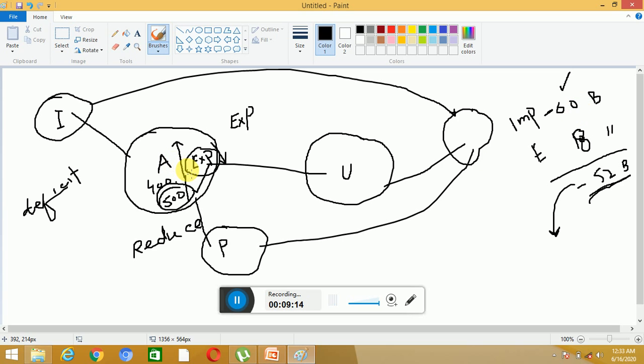Why? Their currency is stable. Our currency goes down. So we will make the same payment, but we will make more payments. Why? Because the value of our currency goes down. Their currency is stable.